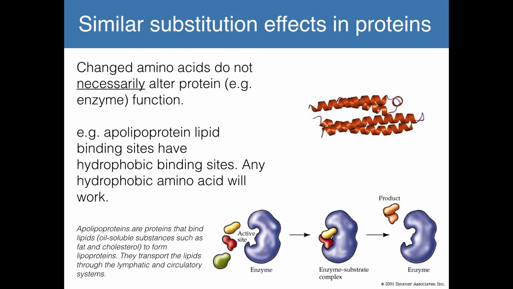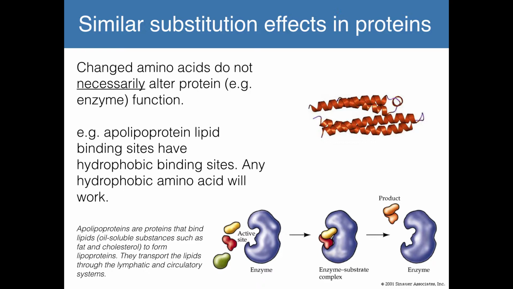And you get similar kinds of substitution effects in proteins. So amino acids, they vary, but they can have analogous properties. So for example, in a binding site for a protein, the site might need to be hydrophobic.